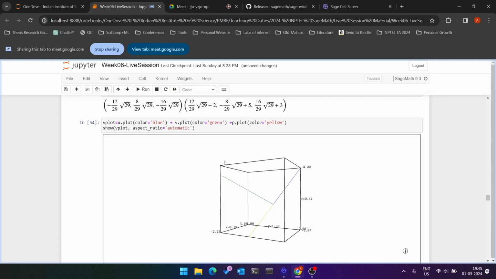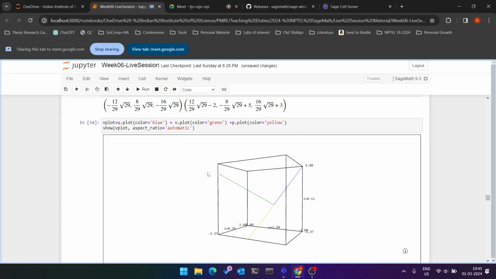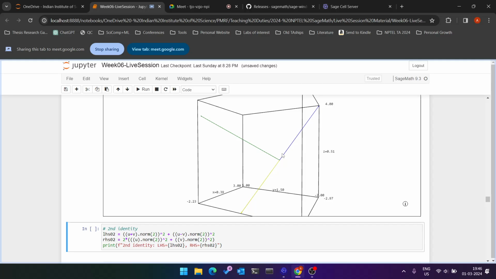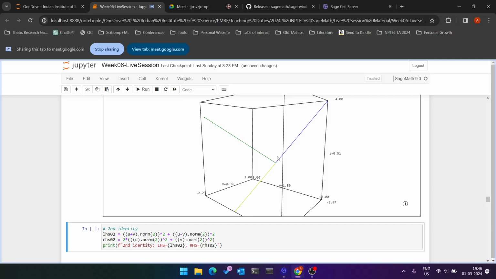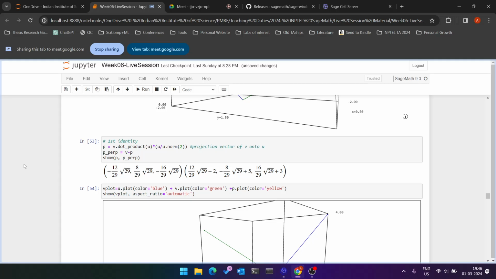My green is my v vector, blue is my u vector, and this is how the projection of v along u looks like. The difference between these is basically normal to vector u.